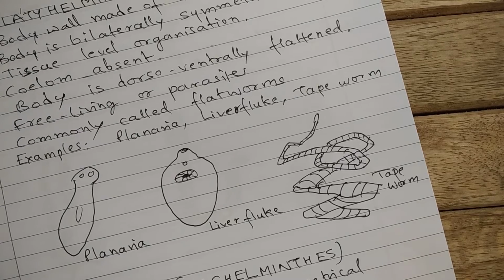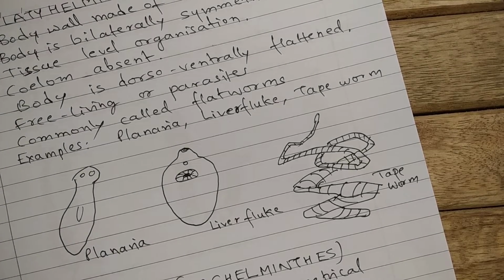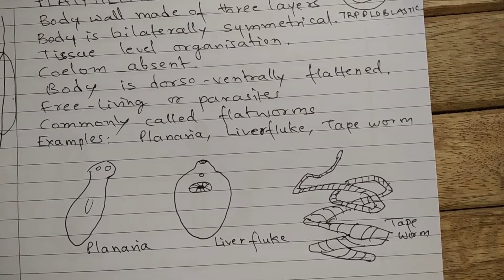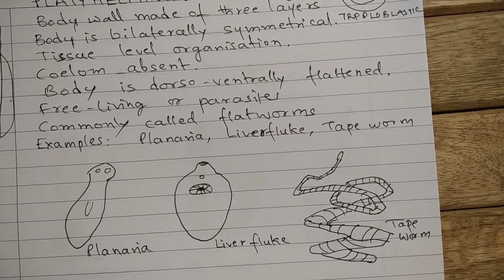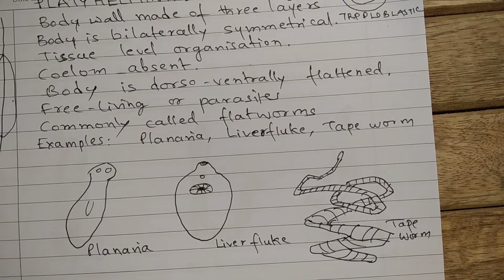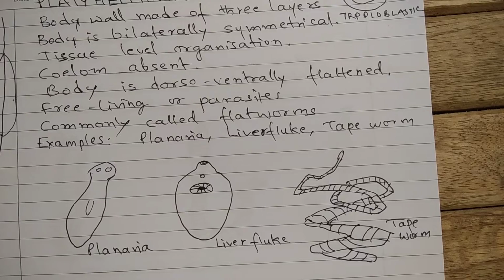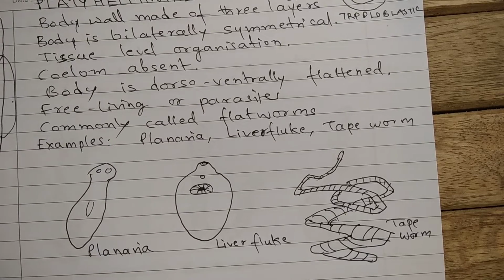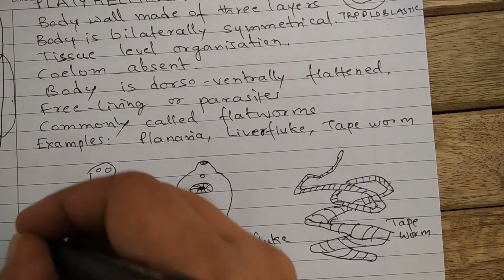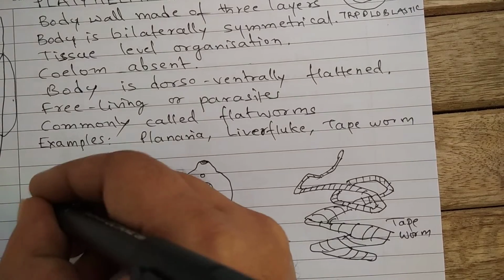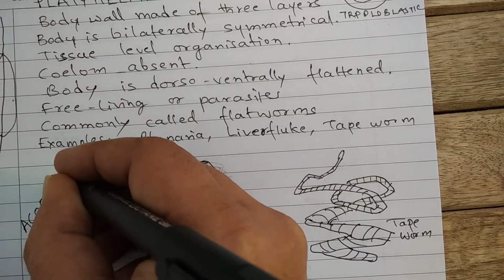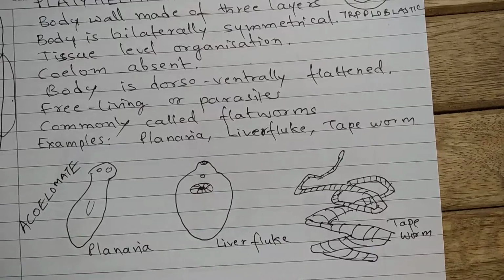Coelom is absent, and these animals show tissue level organization. Coelom is required so that organs can develop, and because coelom is absent, these are also called acoelomates. A means no, acoelomate means there is no coelom.